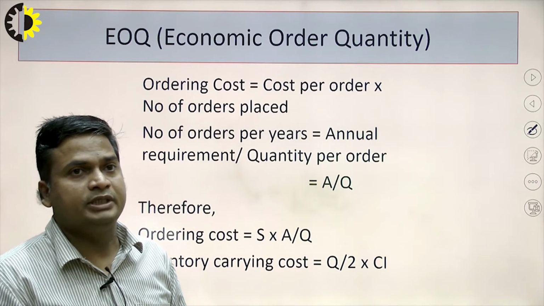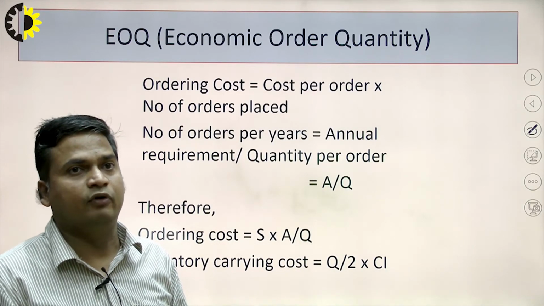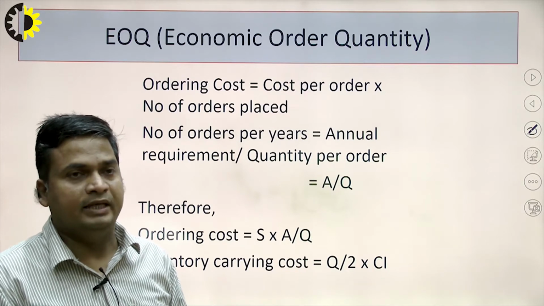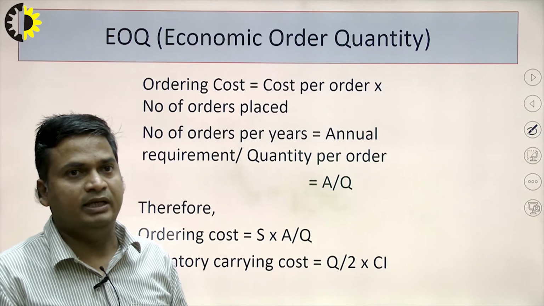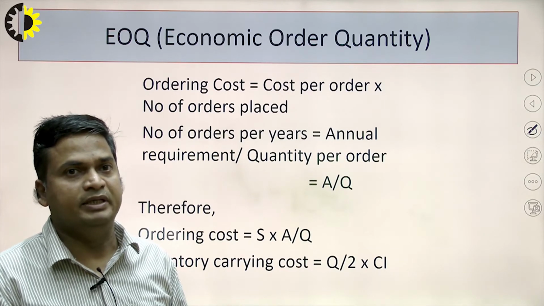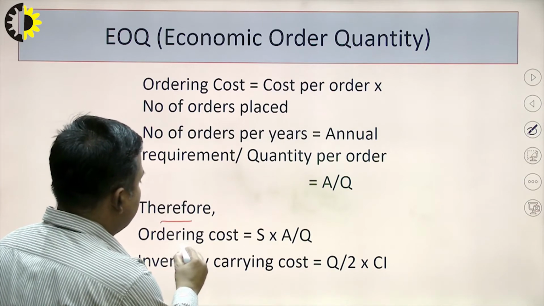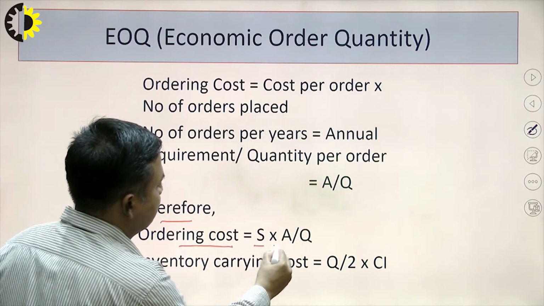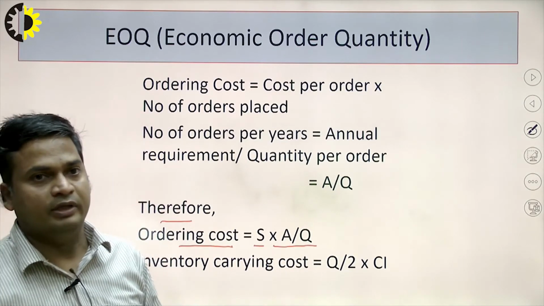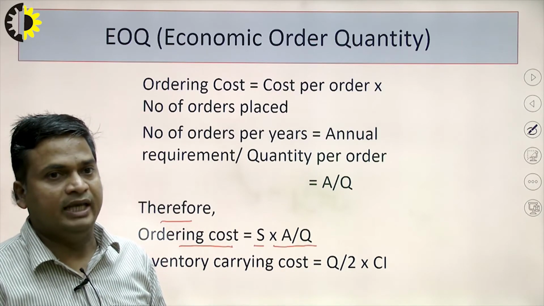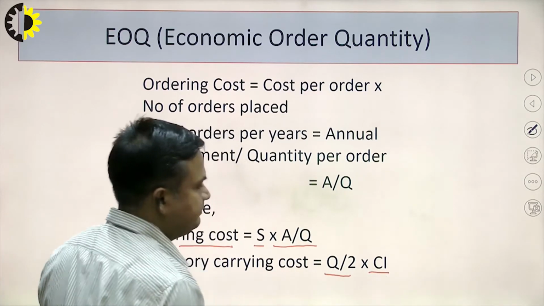Now, ordering cost equals the cost per order multiplied by the number of orders placed, and the number of orders per year is the annual requirement A divided by the quantity in each order Q. Therefore, ordering cost equals S into A by Q, where S is the cost for each order, and inventory carrying cost is equal to Q by 2 into CI.